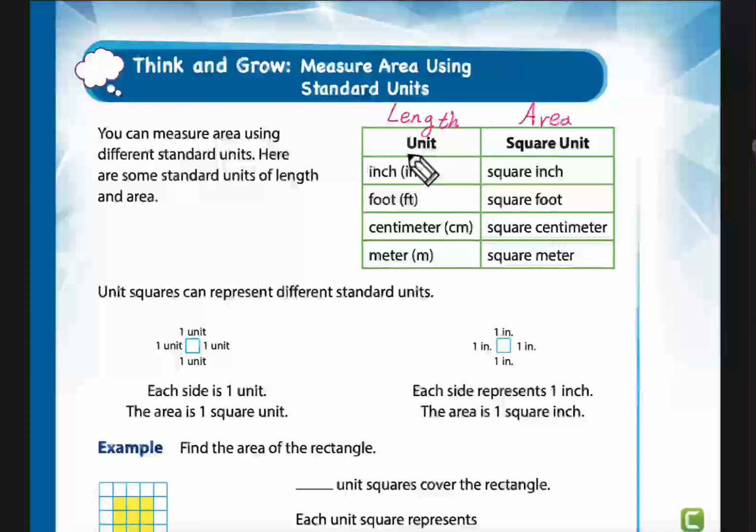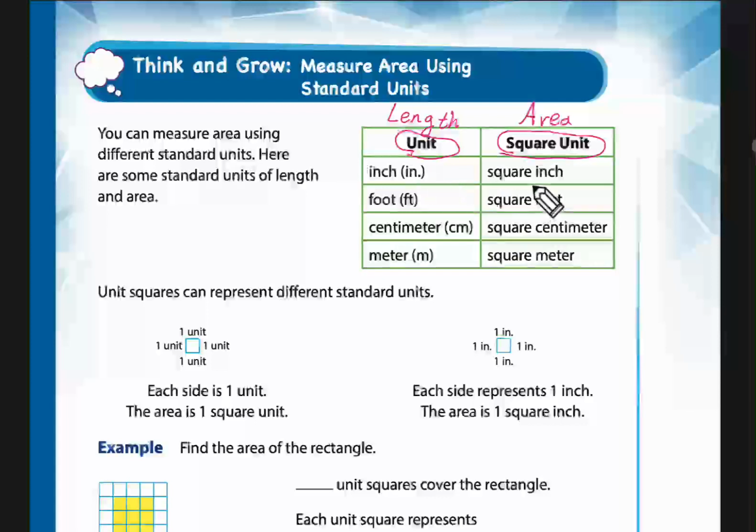For length, we are using the unit itself, and for area, we are using square unit. If you are using inch for length, you are using square inch for area.